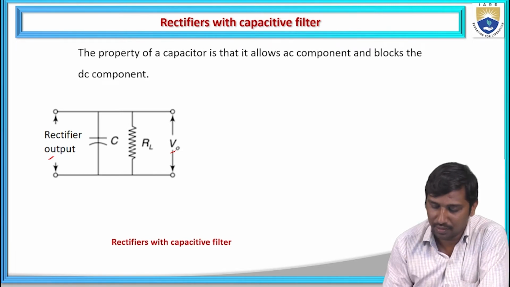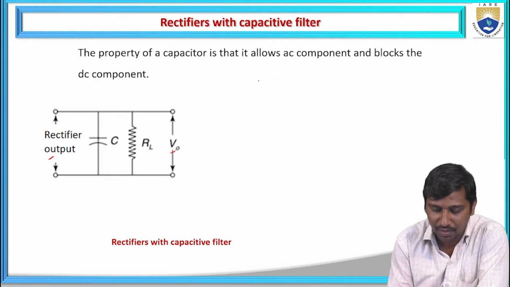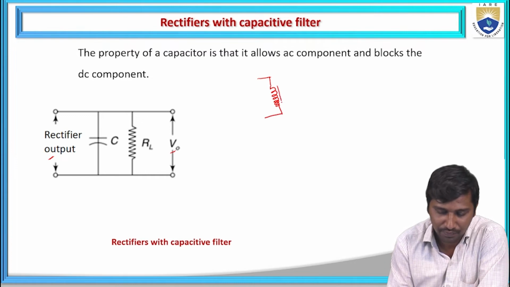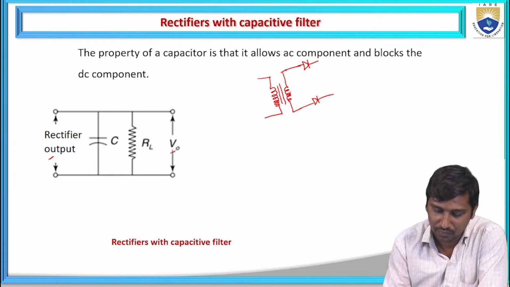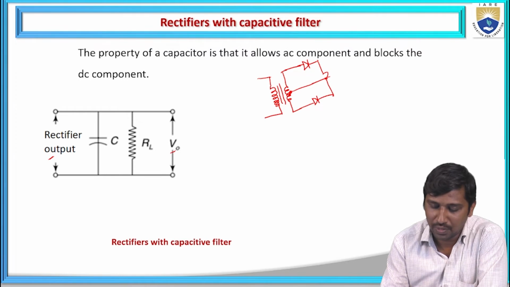Suppose I take a full wave rectifier. The full wave rectifier uses a center tap transformer, so the load resistance is connected across and it should be connected to ground.